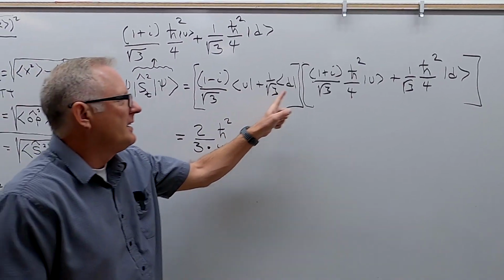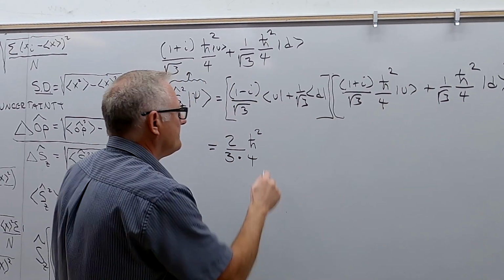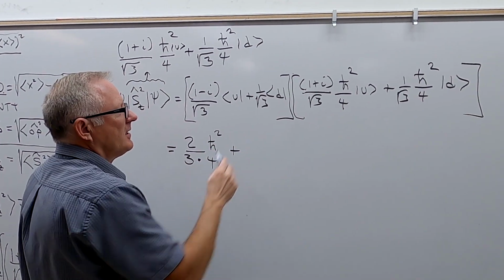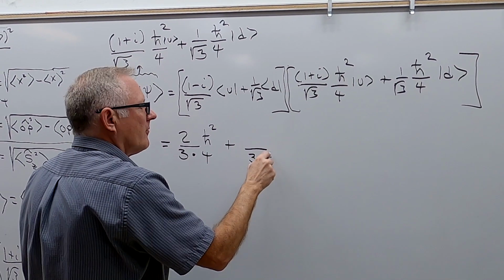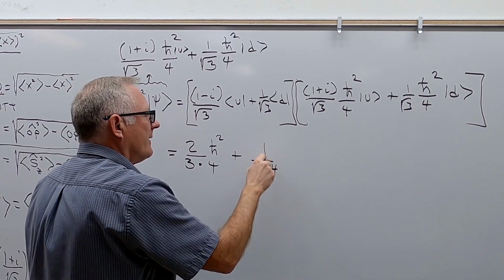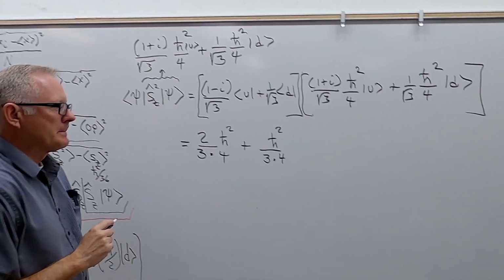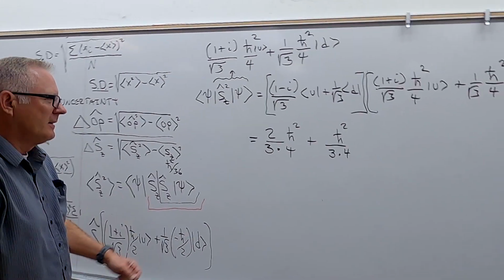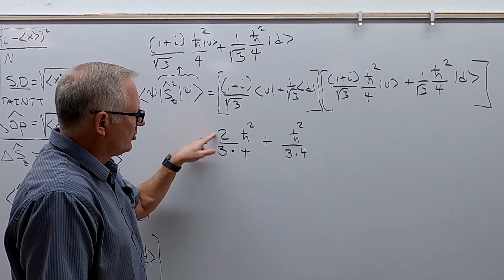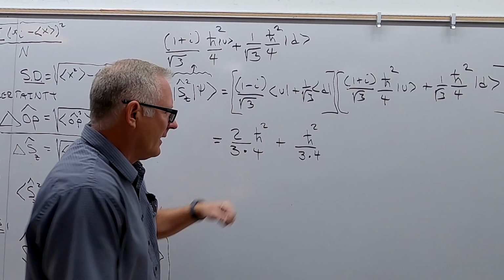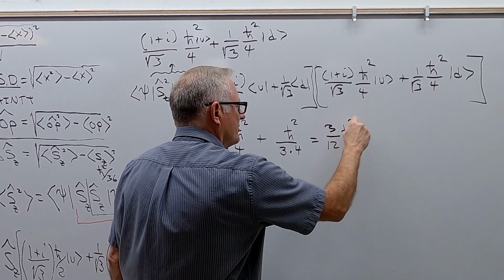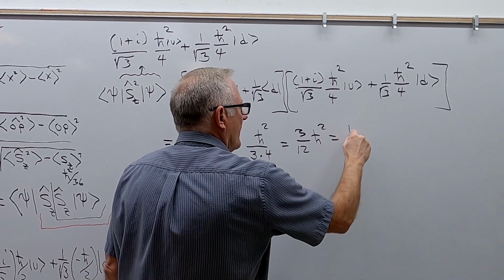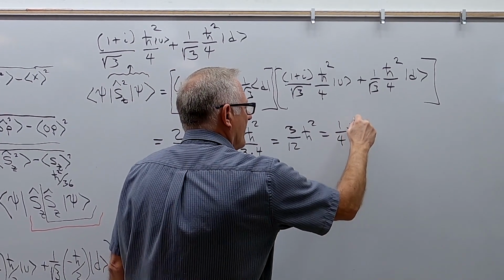And then we have these two multiplied together, plus square root of 3 is 3 times 4 h bar squared, down, down. Okay, so now we've got 2 twelfths plus 1 twelfth, 3 twelfths h bar squared, which is 1/4 h bar squared.